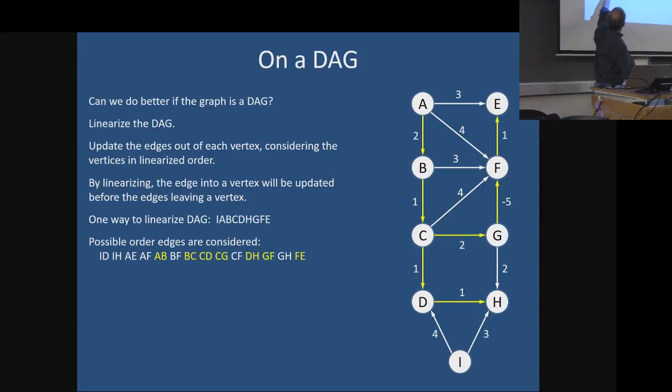Notice the yellow edges get considered in a correct order. Do this one first, that one second, these two third and fourth, the order doesn't matter, and so on. So unlike one extreme, Bellman-Ford, which is updating everything over and over again, hoping to luck into the sequence, here we did it on the first try, as long as we linearize.